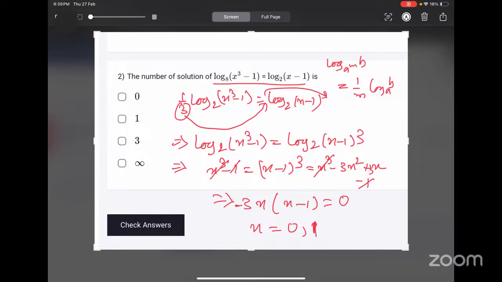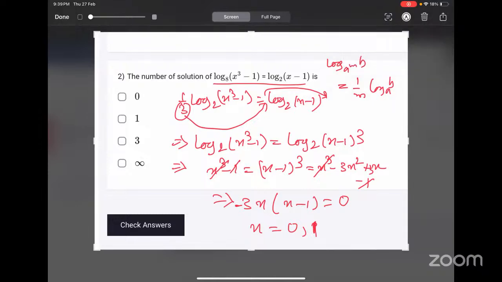If you put 0 instead of x, then what will we get? 0 minus 1 is minus 1, so negative, it is not defined. And even if you put 1, it will be 0, and log 0 also is not there. Correct. So 0 will be the answer. Yes, the number of solutions is 0.